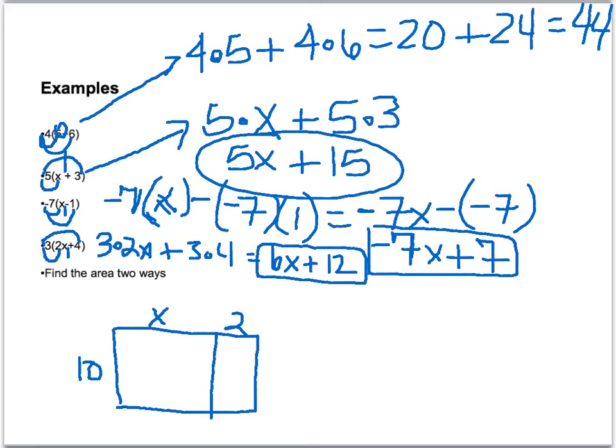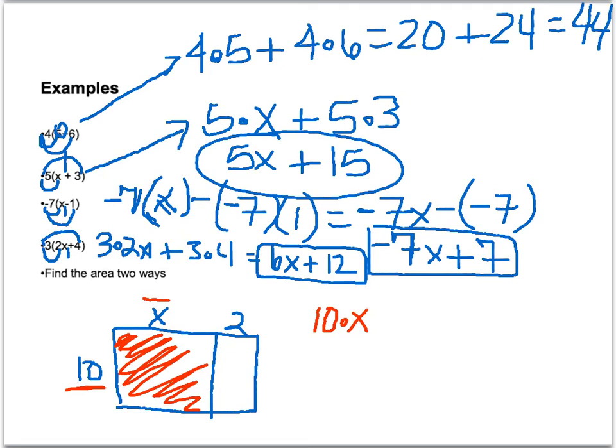Let me change colors. First thing I'm going to do, what if I just wanted to find the area of this rectangle right here? It would be width times my length, so it would be 10 times x.